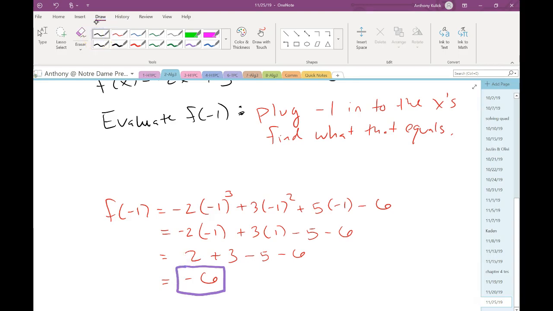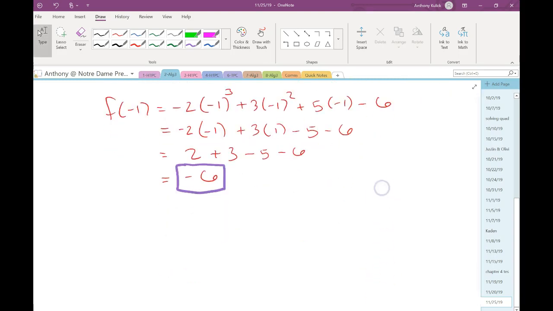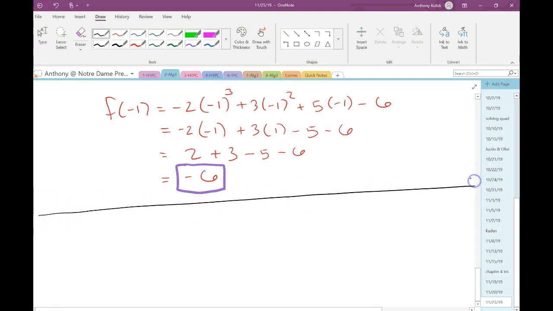So this is something you would have done in an Algebra 1 course. When you talked about functions and function notation, you would have done exercises like this. What I'm going to present today is another version of a way you can do this only for polynomials, called synthetic substitution.